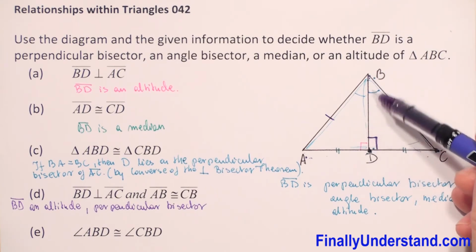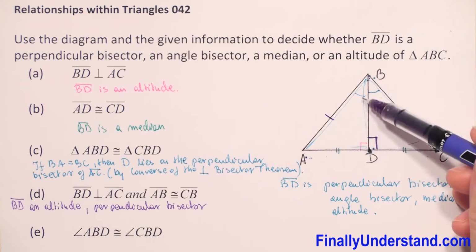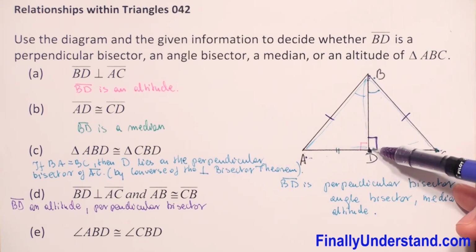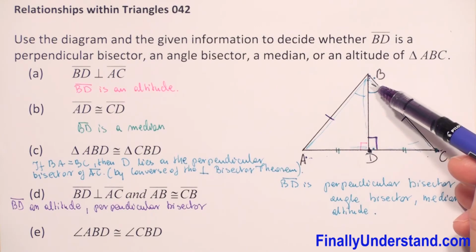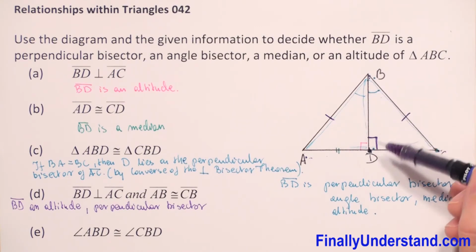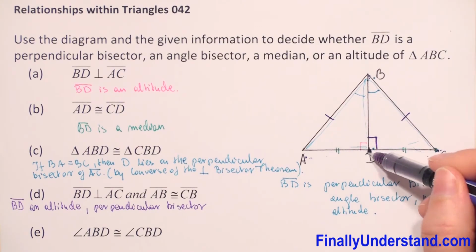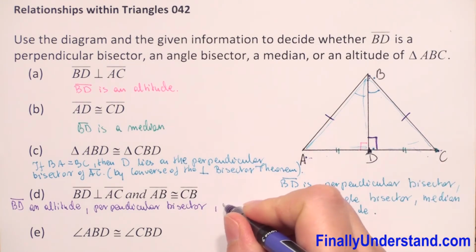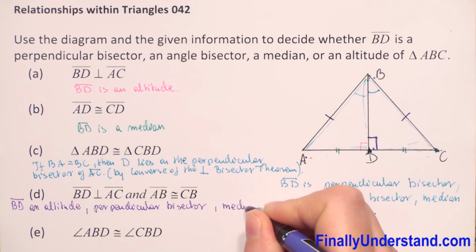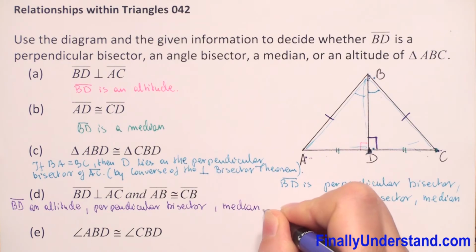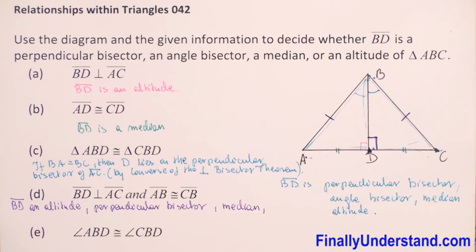Because BD is perpendicular bisector, it means that BD is median, because median is a segment from vertex to the midpoint of the opposite side. So BD is median also.